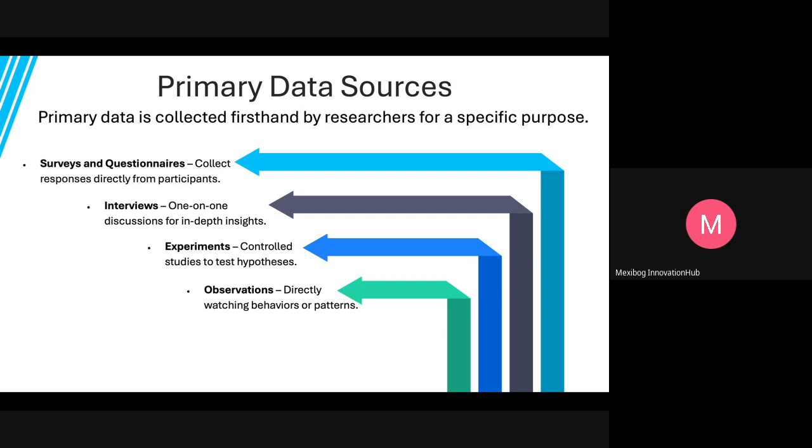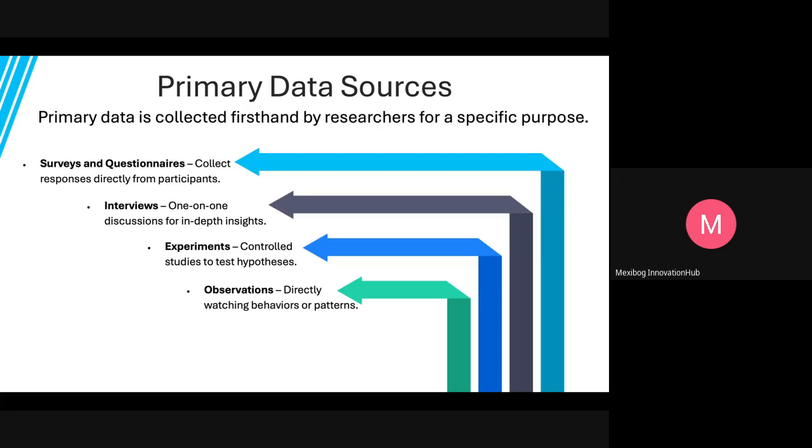And in the course of this training, you will see how you can transform your questionnaires, even from unstructured data to structured, and make decisions based on that. Then interviews are one-on-one discussions for in-depth insights. Experiments are controlled studies to test hypotheses, and observations are directly watching behaviors or patterns.